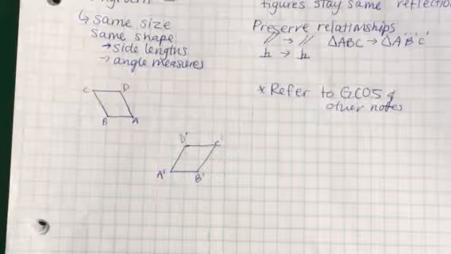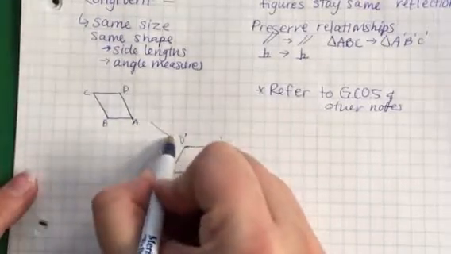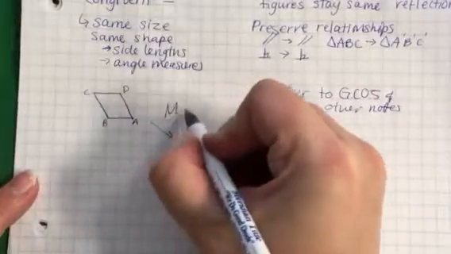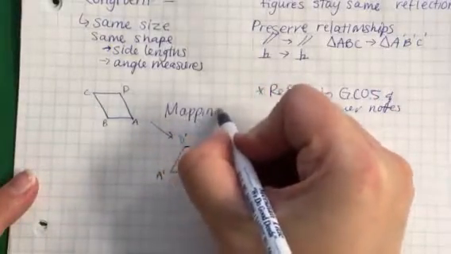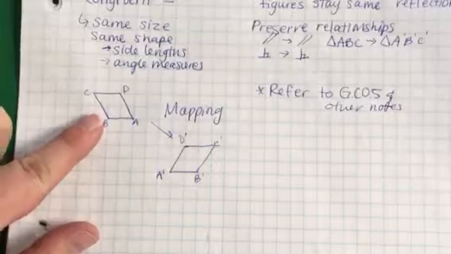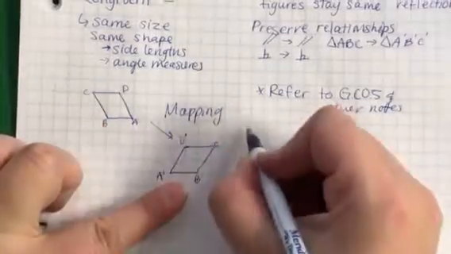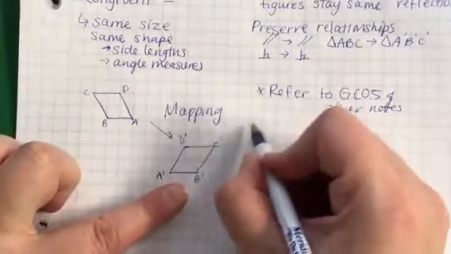Then it's going to give two figures and you're going to say, how did it map? This is called a mapping. If you map this figure onto that figure, you would have to reflect.